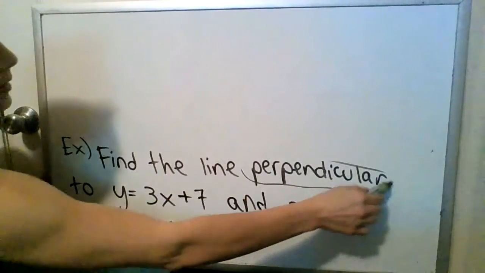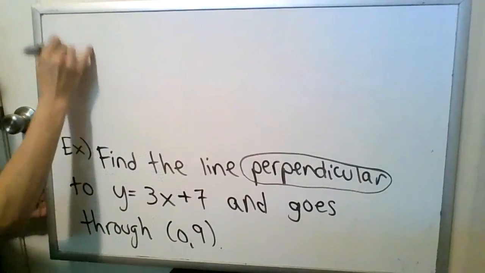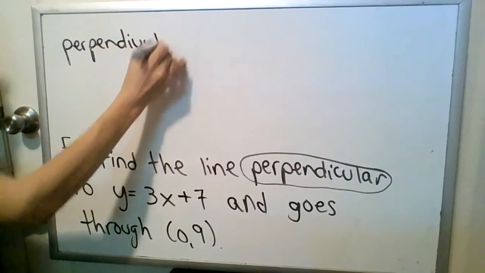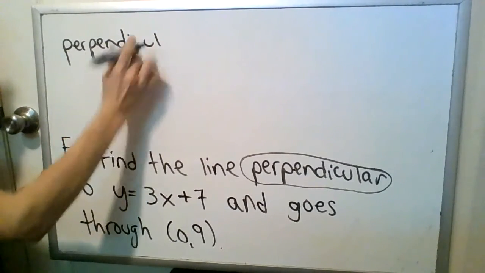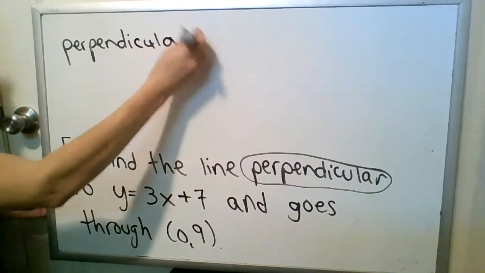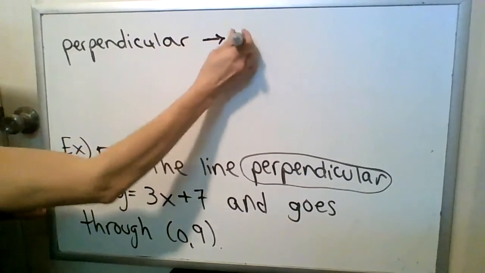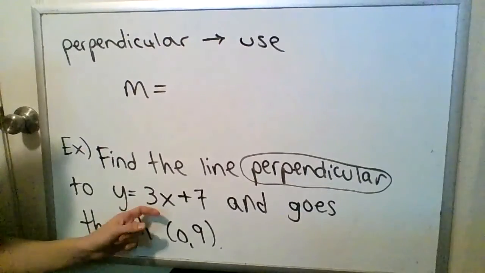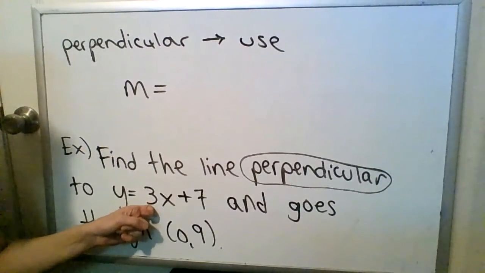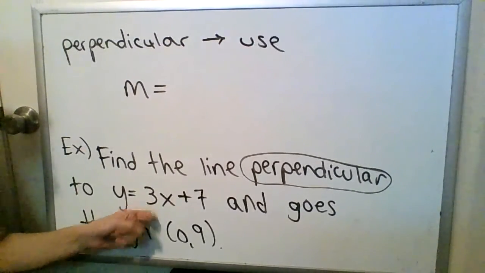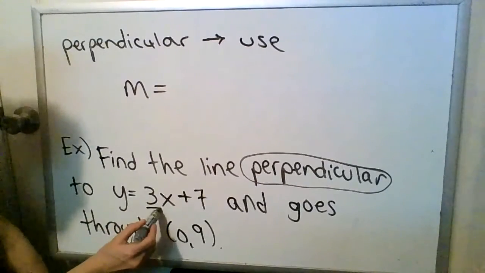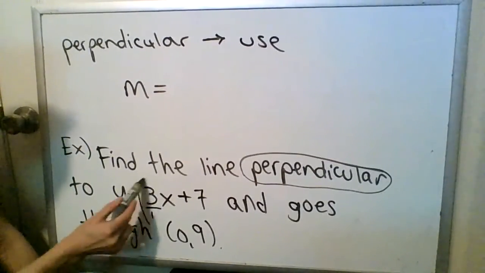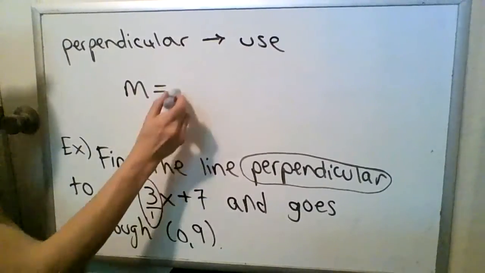For perpendicular, we're going to take the negative reciprocal for the slope of our line. The negative reciprocal of 3, which we're going to put 3 over 1, would be negative 1/3.